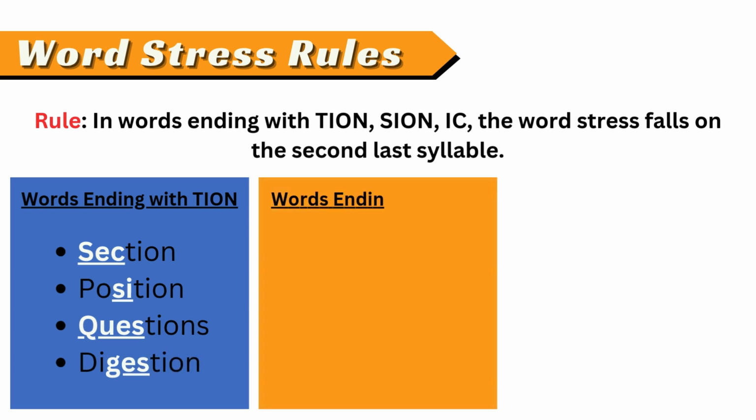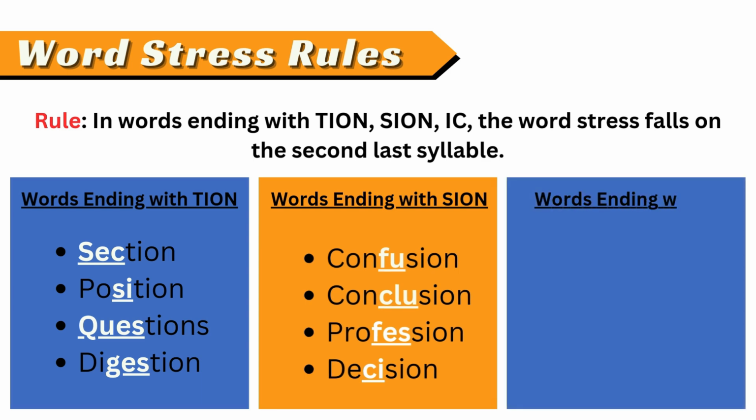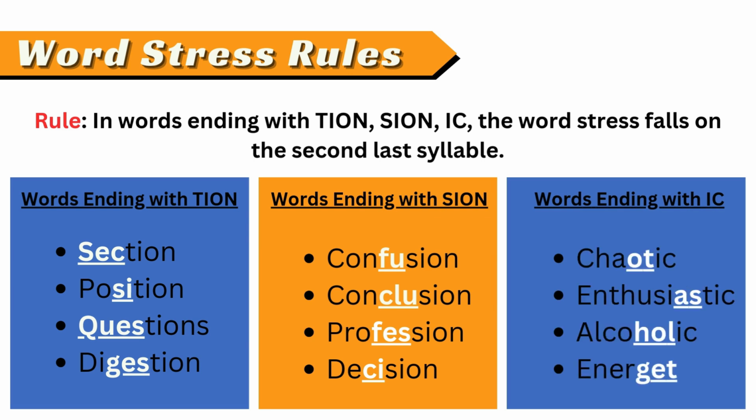Talking about the words with sion, confusion, conclusion, profession, decision. So the stress is on the second last syllable. And words ending with ic, chaotic, enthusiastic, alcoholic, energetic.